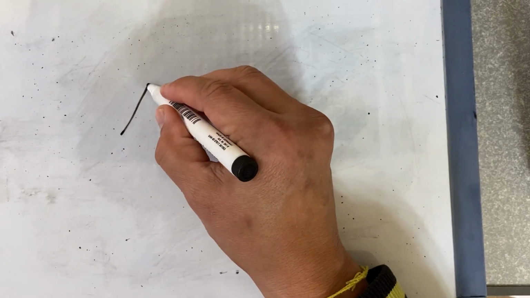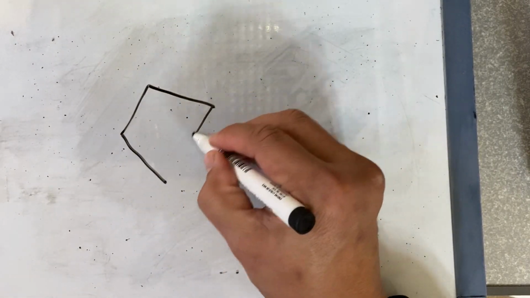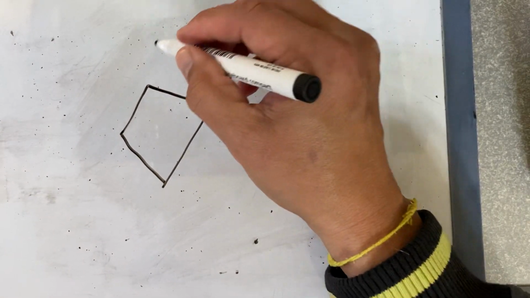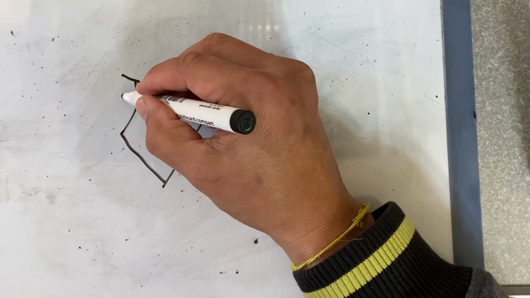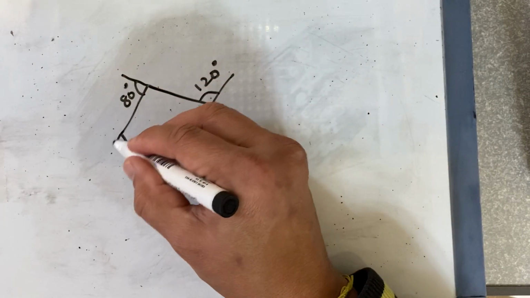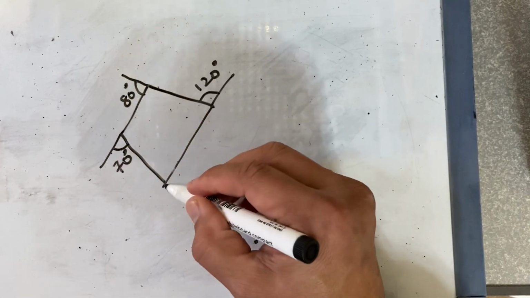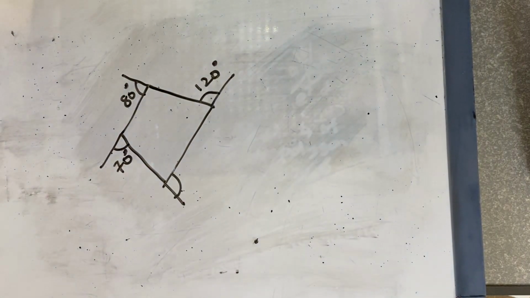A simple example. If we have a quadrilateral, and this is 120 degrees, that is 80 degrees, that is 70 degrees, and you want to find that angle.